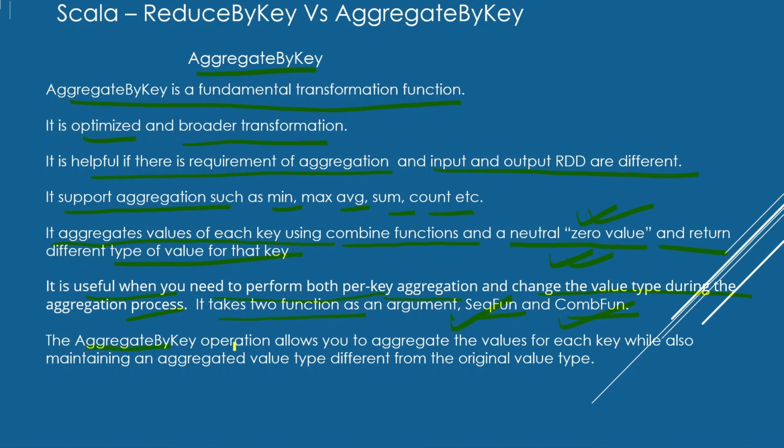The aggregate by key operation allows aggregating the values of each key, while also maintaining the aggregated value type, which can be different. So whenever we are doing aggregate by key, the aggregation is applied on the values of each key, and the result would be of a different type.